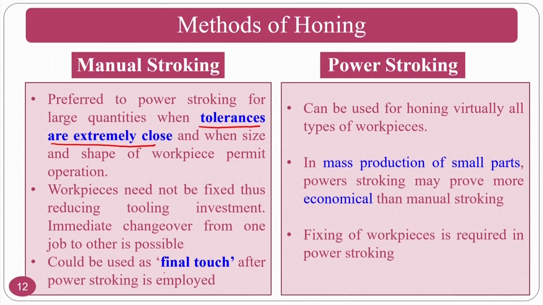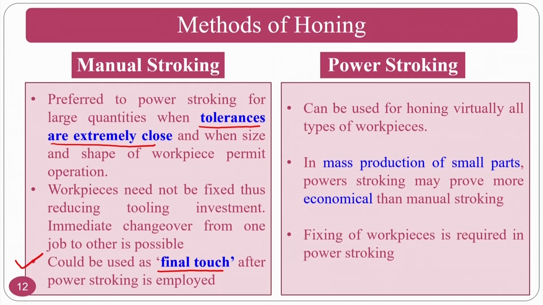Even though you are using a power stroke method, you may not get as per the requirement because it is automatically done. So if you have to do fine corrections or ultra fine corrections, then the final touch will be done by manual stroking with an experienced staff.